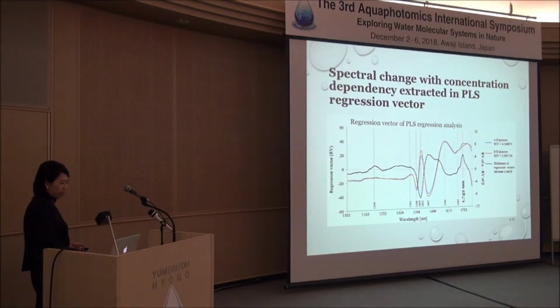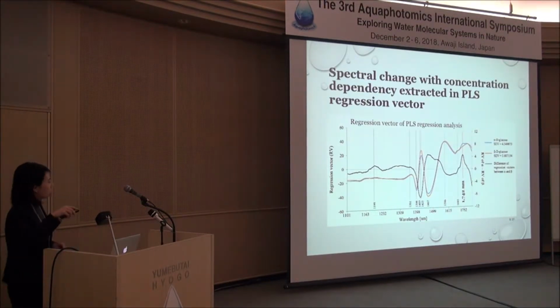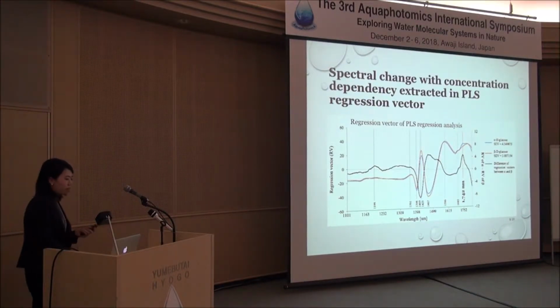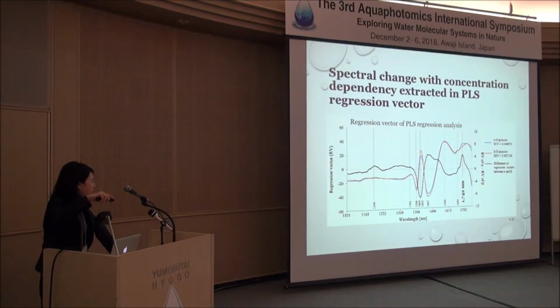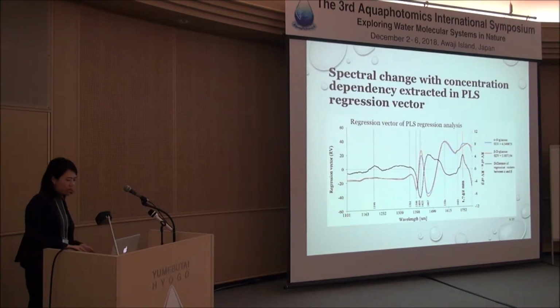So here you can see a significant difference in the CH and OH regions. Compared with the earlier result of subtraction, the peaks at 1198 nanometer and 1742 nanometer appeared in both charts.